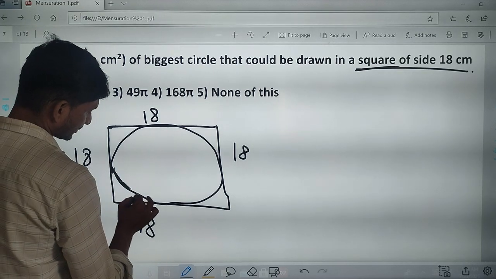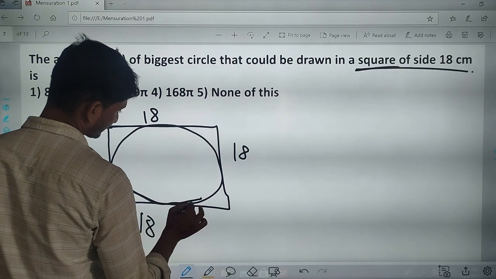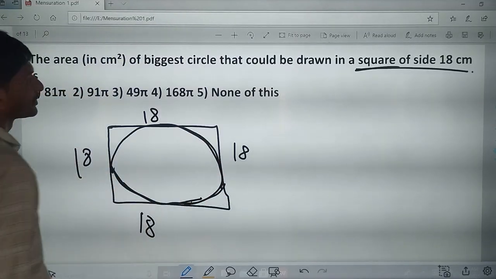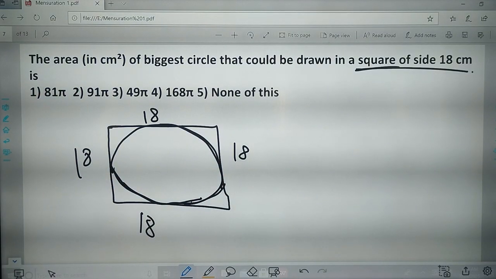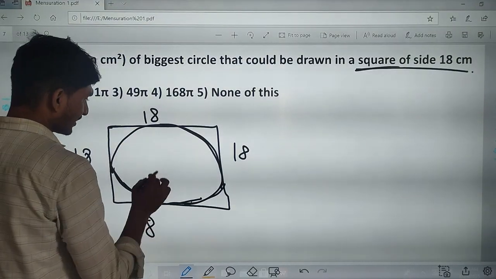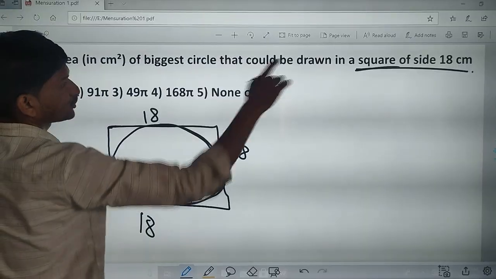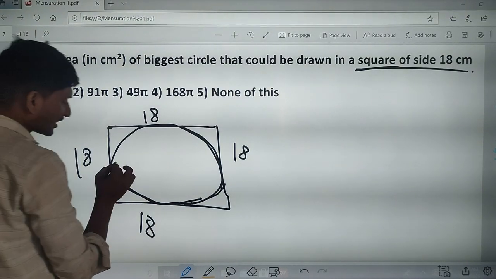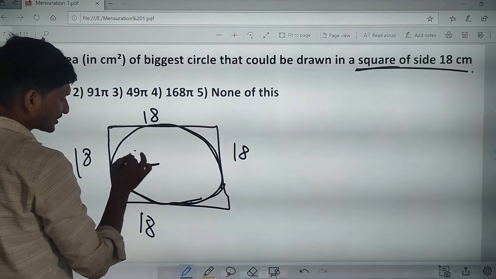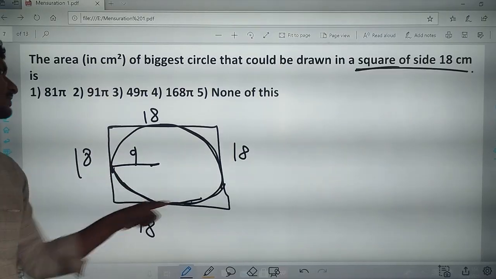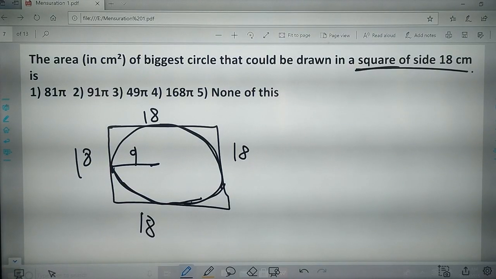This is the circle drawn inside the square. Then the radius of this circle is 9. To find the area of this circle.